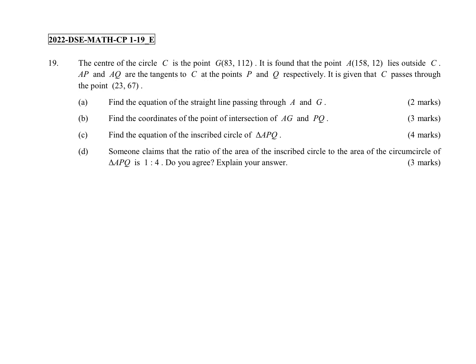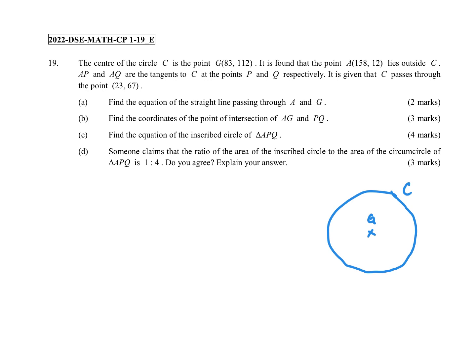So we have the center of circle C. First of all, we have a circle. Okay, so this is circle C, and then the center is G. The point A lies outside C. You can see the x coordinate of A is 158, while the x coordinate of G is 83.